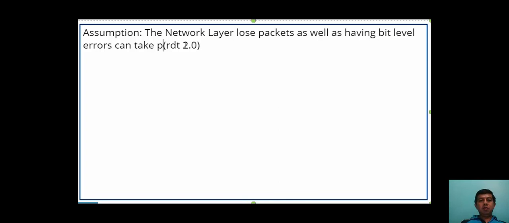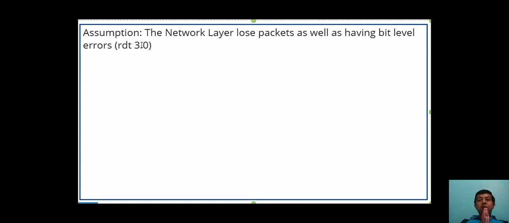Both of these can take place, and whatever changes we make in the protocol, we will call rdt version 3. Again, this would be the final version of our protocol.